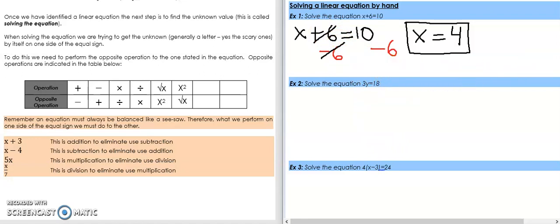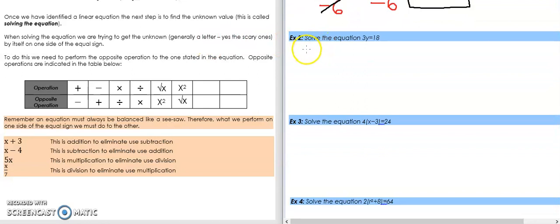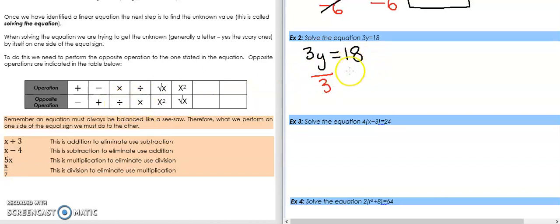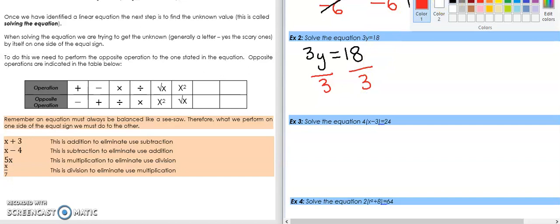Okay. So the next example, 3y is equal to 18, and specifically 3 times y is equal to 18. What's being applied is 3 times y. So I'm going to divide by 3 as it's the opposite operation. Again, whatever I do to the left, I do to the right. Now 3y over 3, or more specifically 3 divided by 3, is 1.